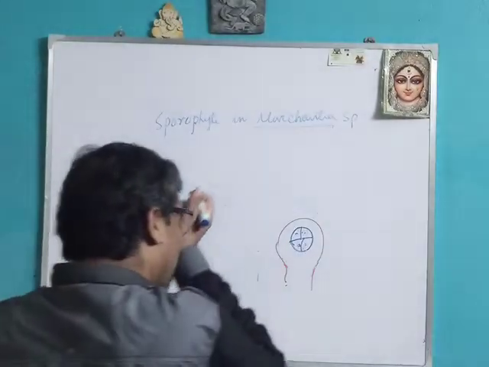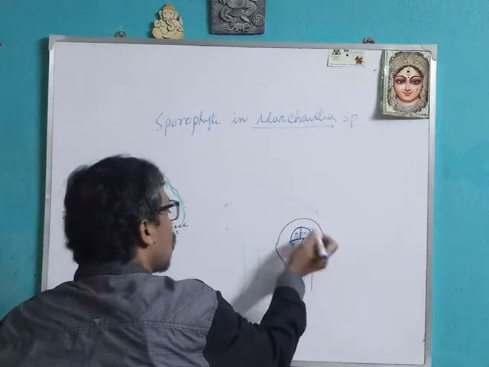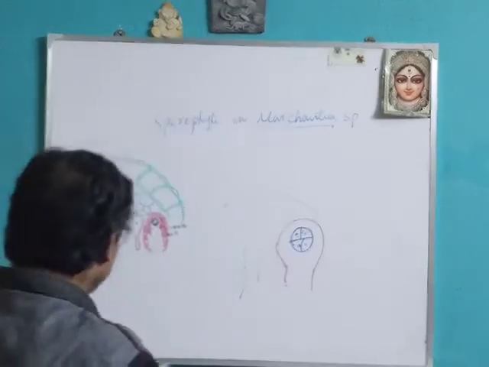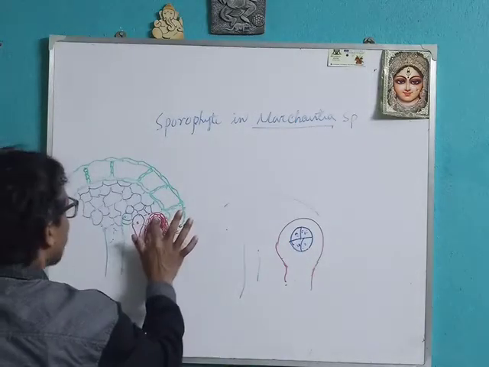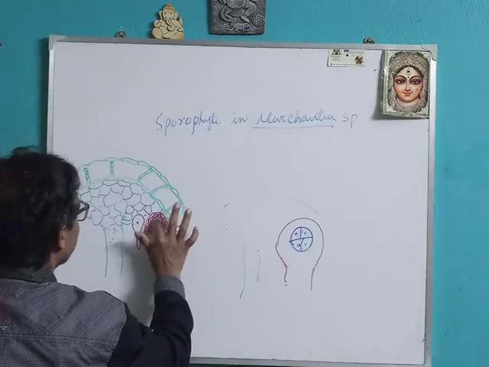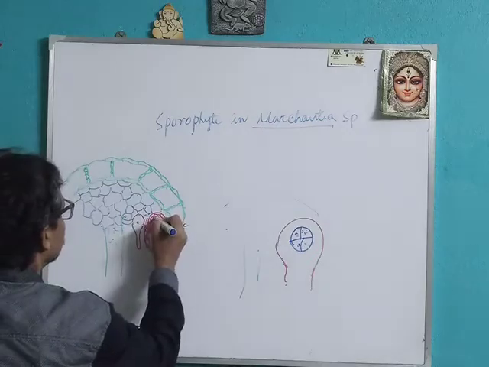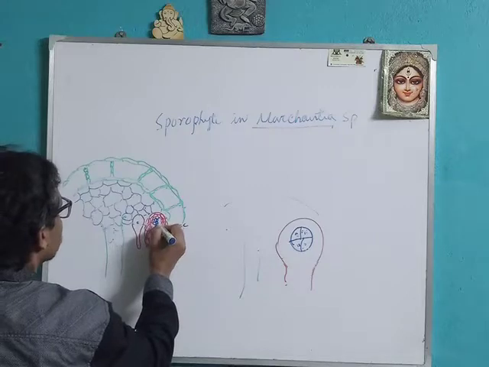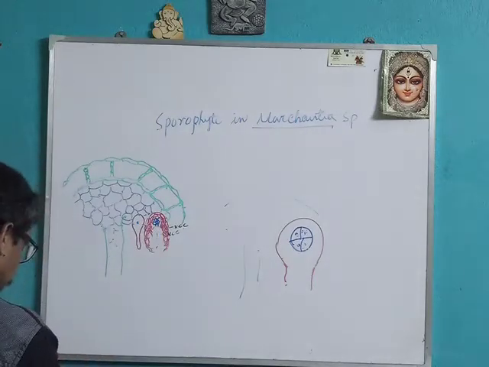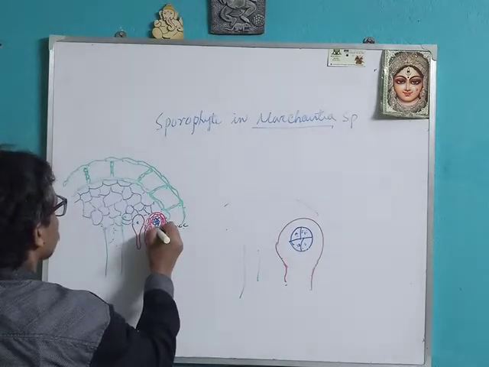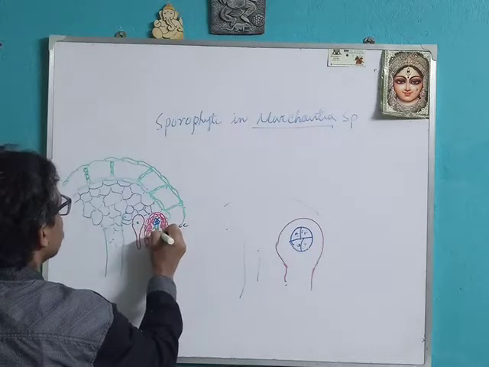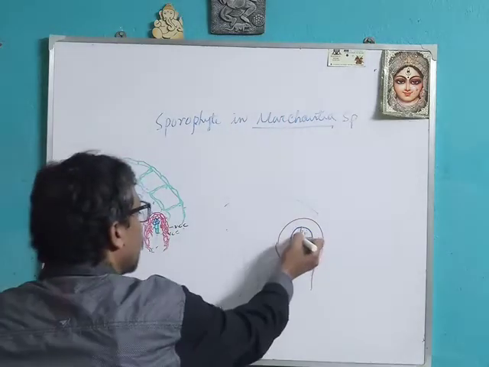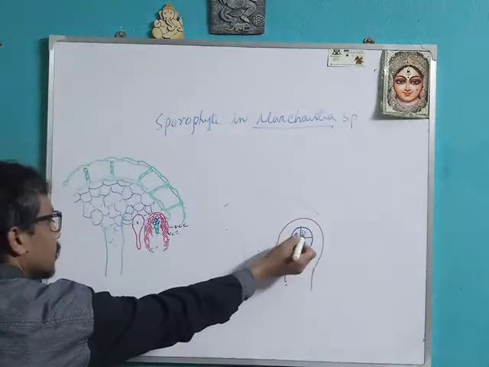Now what will happen amongst these octant cells? These 4 cells of the basal portion ultimately will give rise to this kind of tissue, this is the foot and this is part of the seta, developed from the cells.